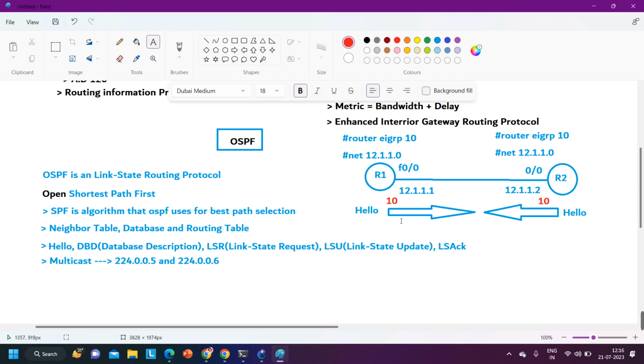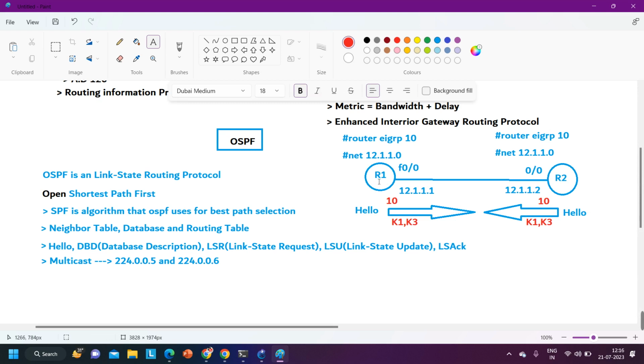So both routers will tell their neighbor what they are using. In short, we call bandwidth K1. It will share information about K1 and K3. K3 is nothing but your delay. Both routers are going to share K1 and K3.